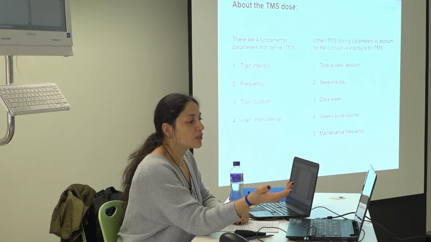Other parameters you need to take into consideration: the number of pulses you're applying in total per session, and how many sessions per day you want. If you want to have 2 sessions, 3 sessions. I have seen this case for patients in neurology, where they have a session in the morning, a session in the middle of the day, and a session at night. Kind of crazy.